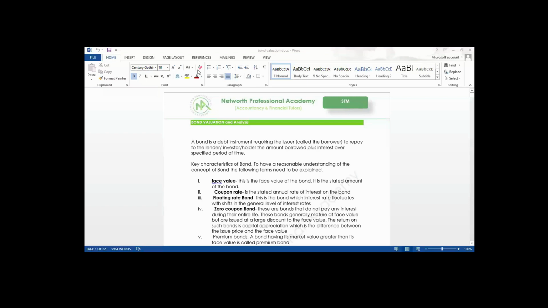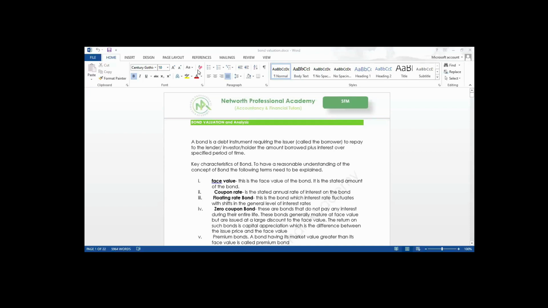While we await others to join the class, we explain bond as a debt instrument that establishes the contract between the borrower and the lender. This instrument is issued by the borrower in order to source finance.